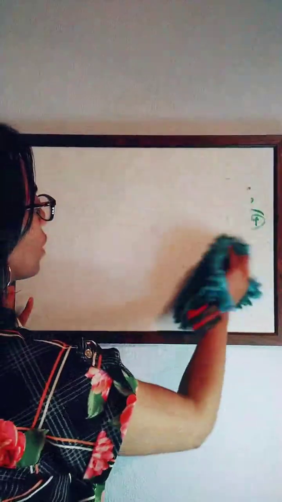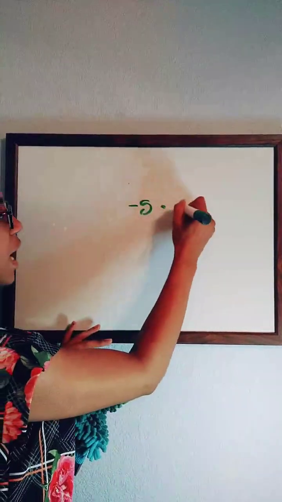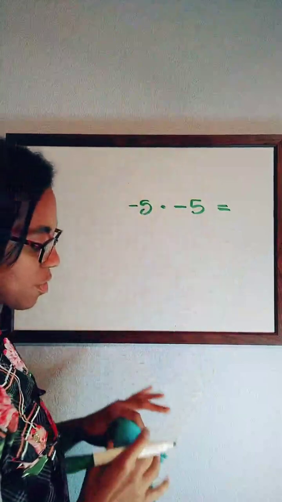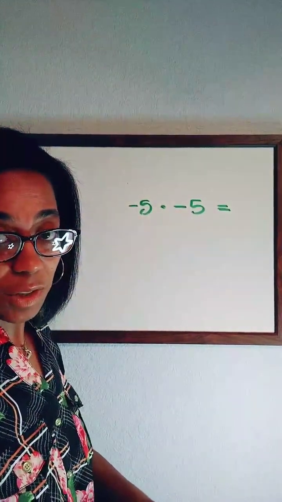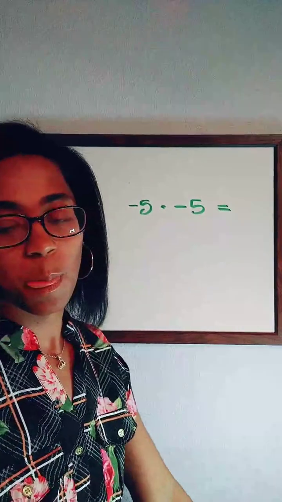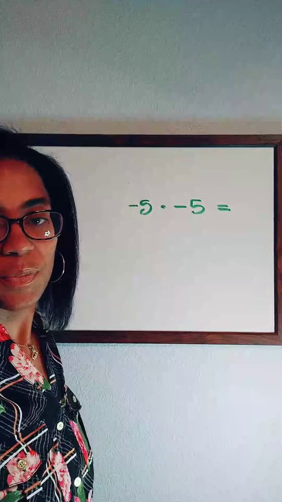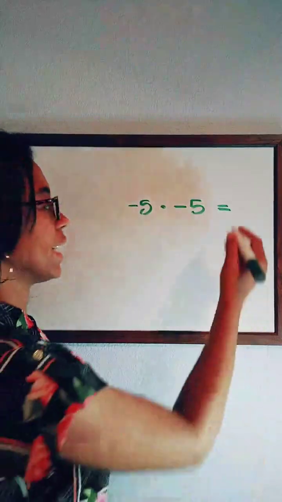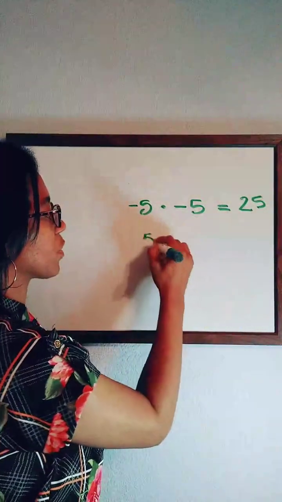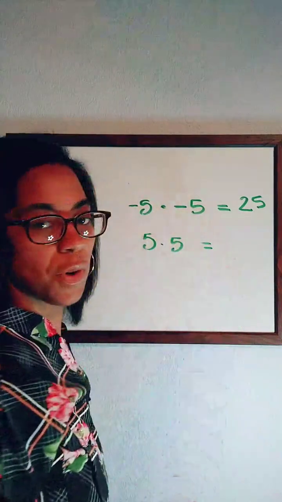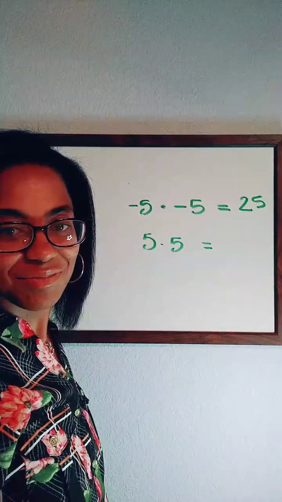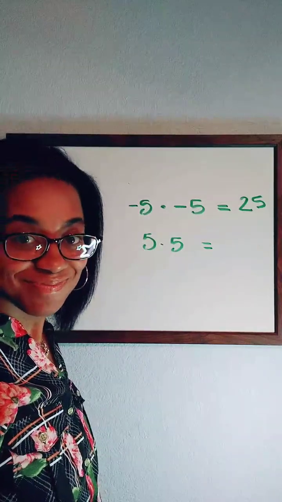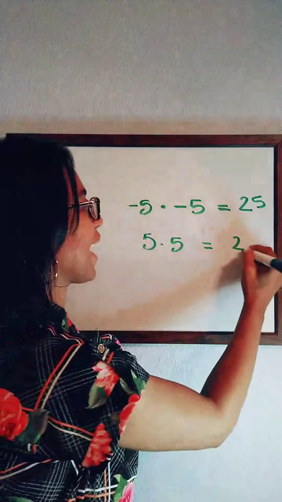Tell me this right here. If I have -5 times -5, what does that equal? A negative times a negative equals a what? Oh, good, someone. It equals 25. What does 5 times 5 equal? 25.